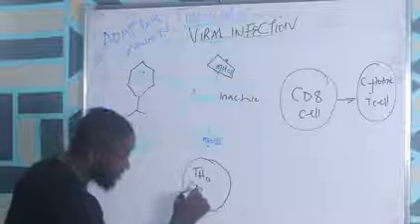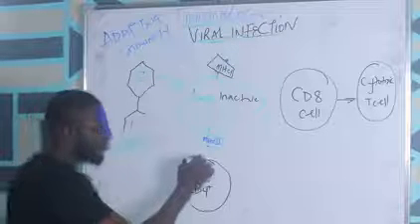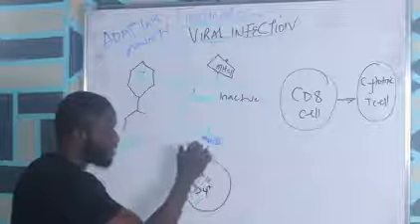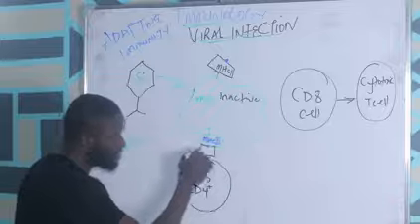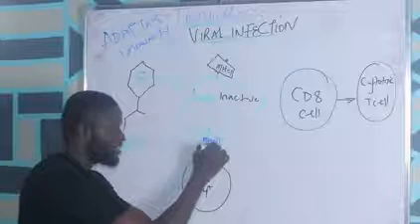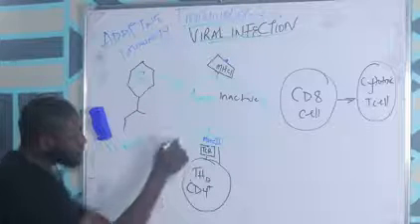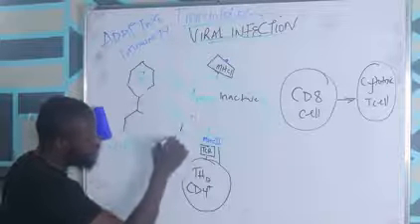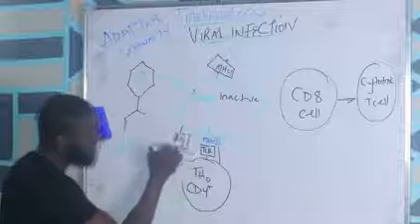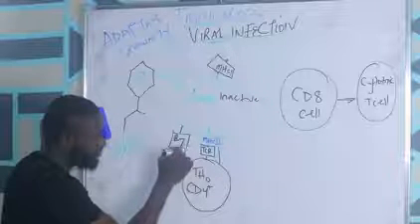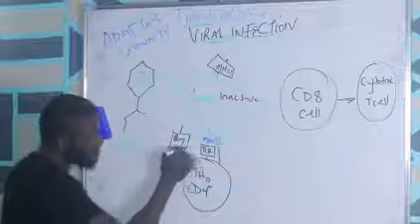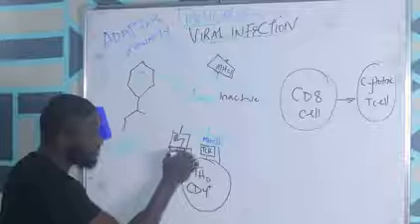There's a CD4 type of cell. So this will now be mediated by the T cell receptor, TCR, definitely mediated by CD4, you all know. Then on the body of the macrophage we have B7 and we have CD28.